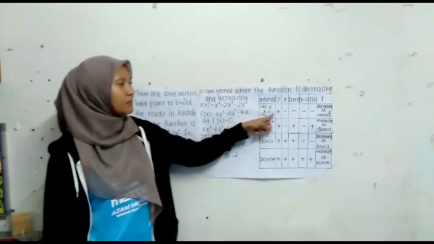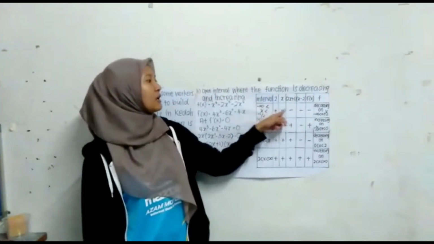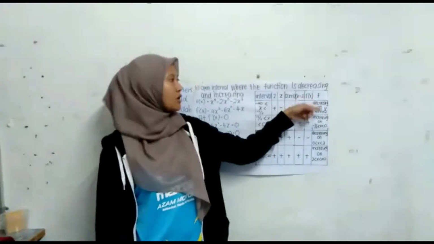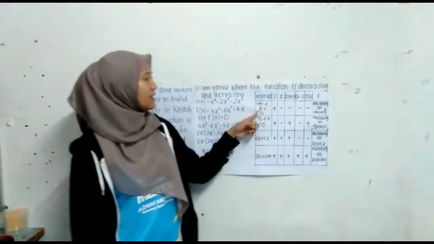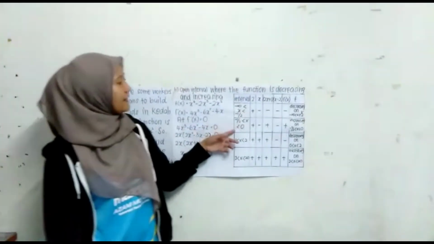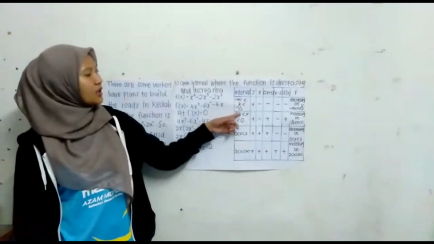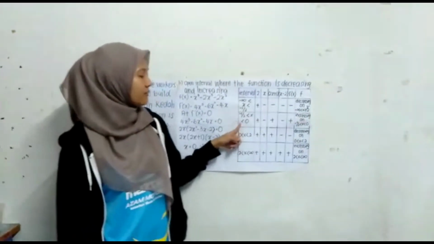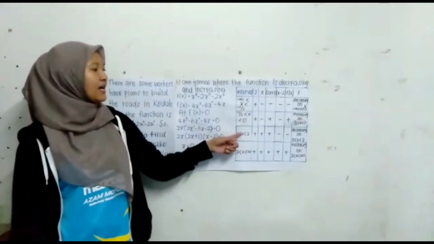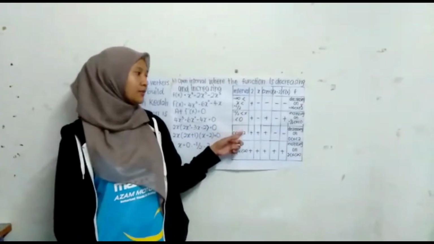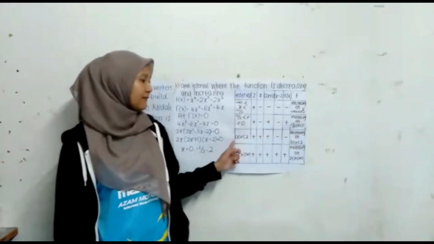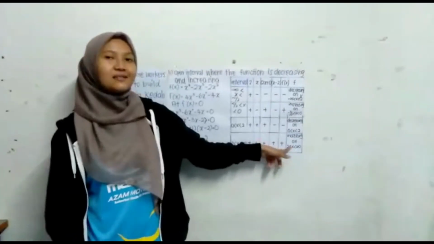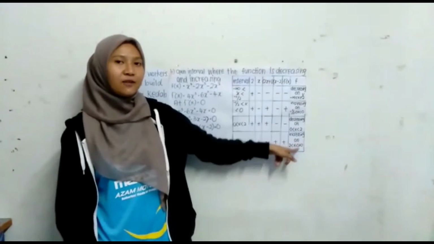We must multiply these signs and then we get negative. The negative sign for f prime x shows decreasing on this interval. The second interval, x more than negative 1 over 2 and less than 0, we get increasing on this interval. The third interval, x more than 0 and less than 2, is decreasing on this interval. And the last interval is increasing on x more than 2 and less than infinity.